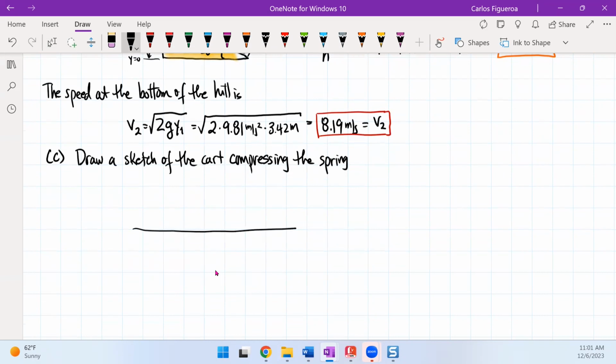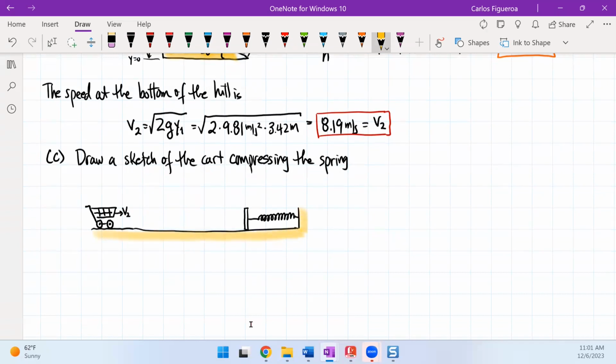And I have a spring right here. Let me extend this a little bit. When this cart gets to the bottom of the incline, it is moving with the speed of v2 right there. Again, for clarity, I'm going to imagine this right here.